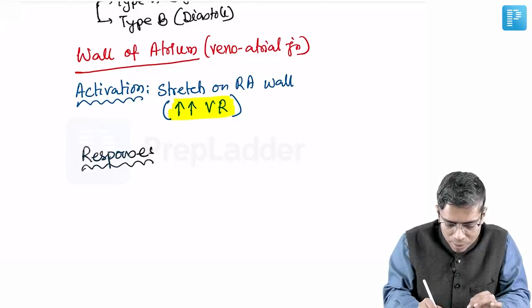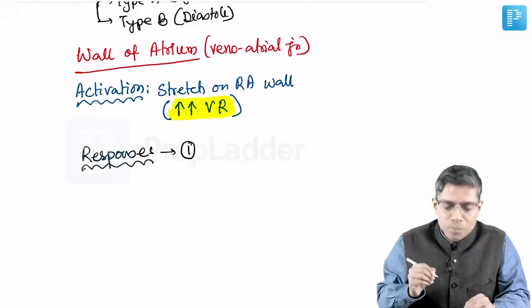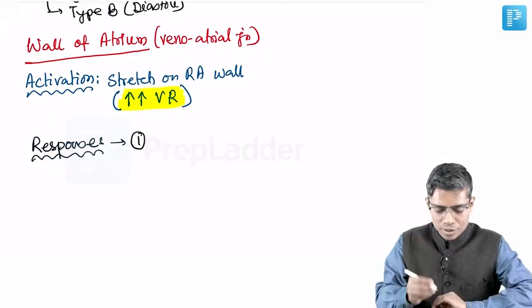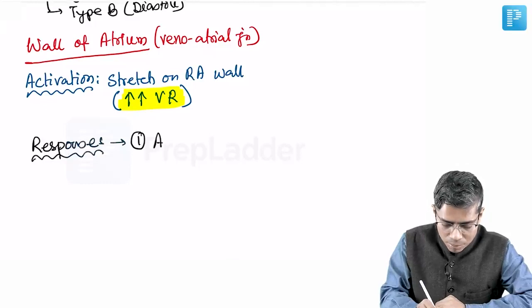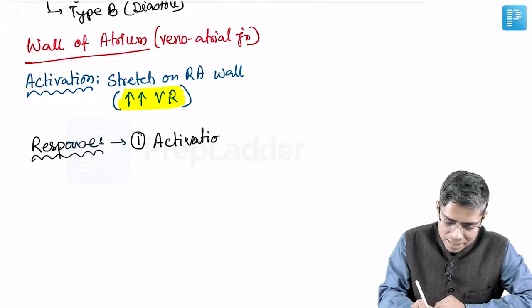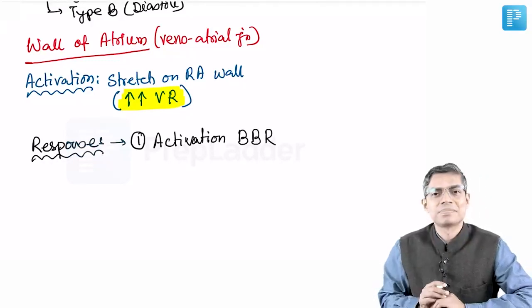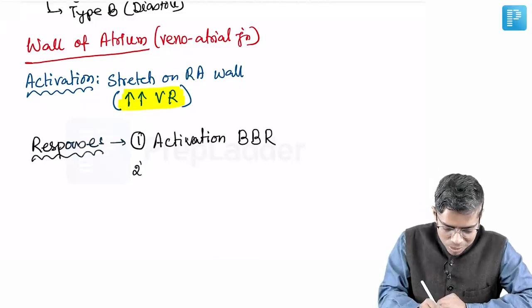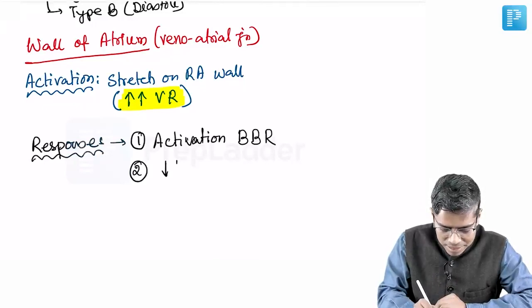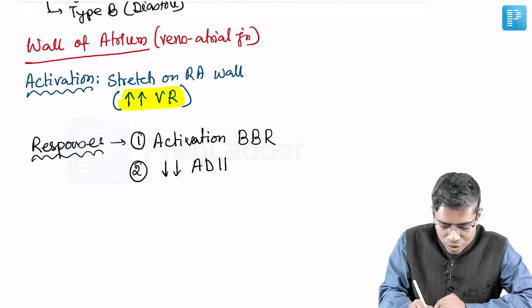Number one, activation of the low pressure baroreceptor will lead to activation of one reflex, the Bainbridge reflex. It will also lead to decreased production of ADH hormone.